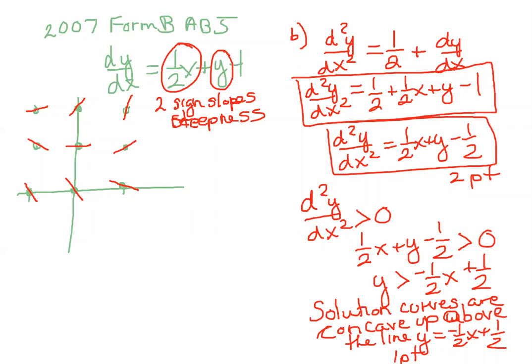Then we look at part C, and it says, let y be a particular solution of f of 0 equals 1. This is C. Okay, there's our initial condition.